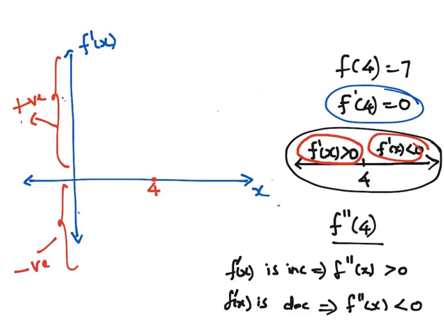As I told you, the derivative will be a linear function because the original function was a quadratic function. A linear function is nothing but a straight line when you represent it in the graph, so you'll get a straight line like this. So this is the graph of f dash of x.